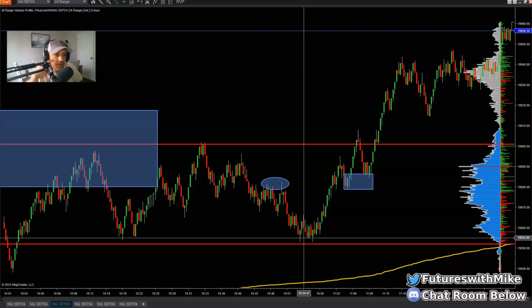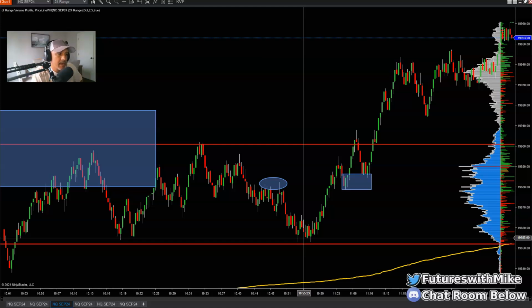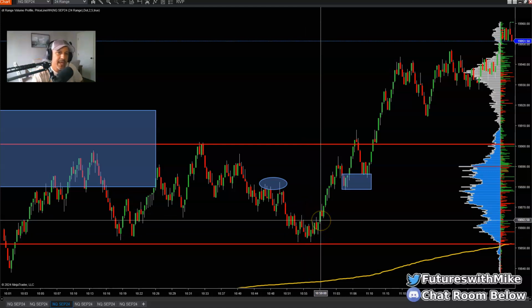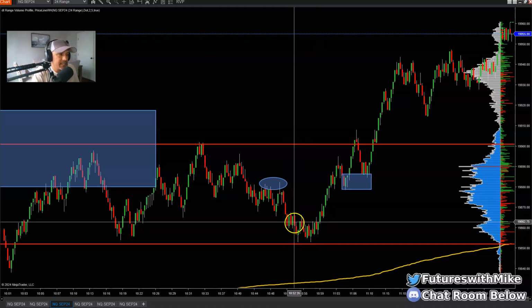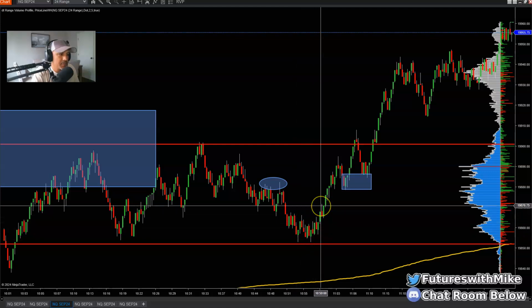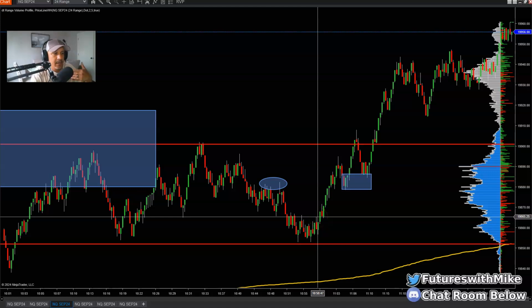All I was doing was looking for some means of a demand setup, where the market is breaking structure to the upside and pulls back, and I'm looking to take the market going higher, especially on a high probability setup. This was a high probability setup right here where it pushed up, pulled back, broke structure right here as it pushed higher, came back to this area right here at 865 and a quarter.